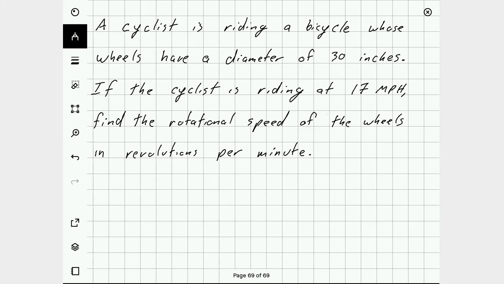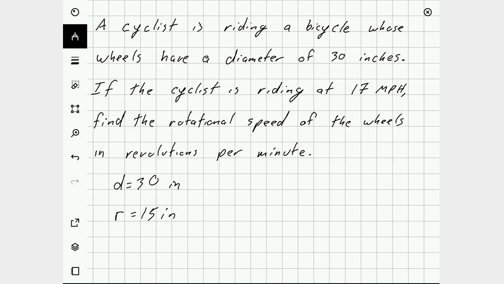So with that in mind, let's take a look at an example. A cyclist is riding a bicycle whose wheels have a diameter of 30 inches. If the cyclist is riding at 17 miles per hour, find the rotational speed of the wheels in revolutions per minute. So we have this diameter of 30 inches, which means that the radius would be half of that, or 15 inches.